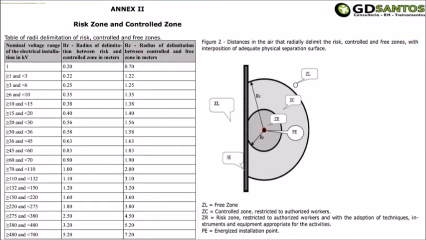We round it up then to 2 meters. Then for the transformer 13.8, we establish a minimum of 3 meters for the controlled zone, correcting, 2 meters of distance for the controlled zone.